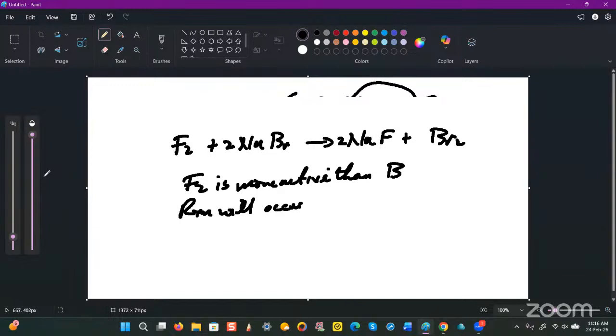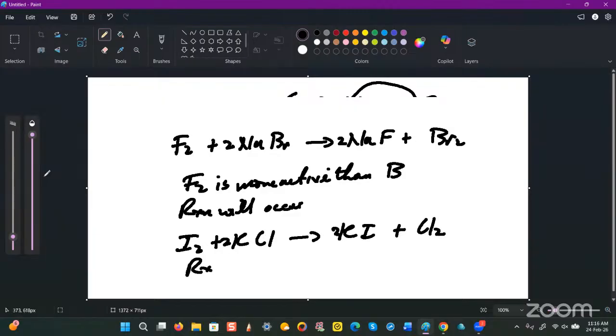On the other hand, if I gave you this equation, I2 plus potassium chloride to give potassium iodide plus Cl2. And again, to balance this, put a 2 here, put a 2 here. Will this reaction occur? No. Reaction will not occur.